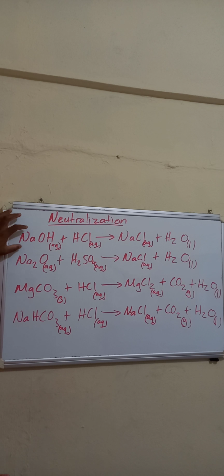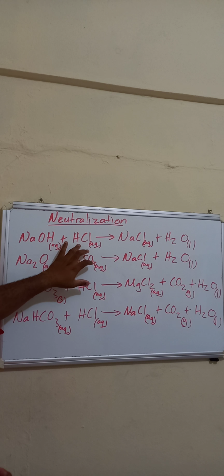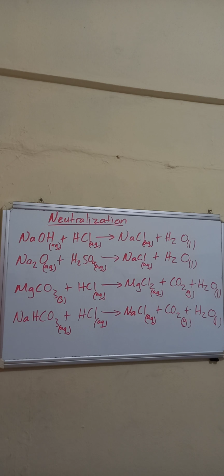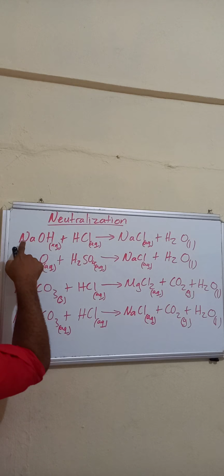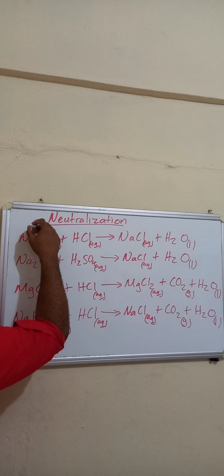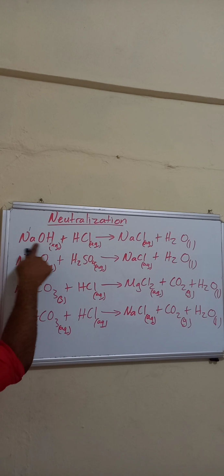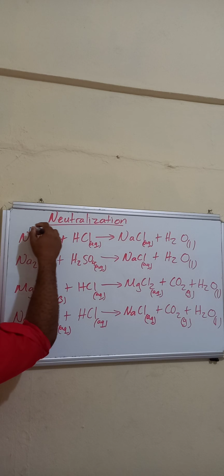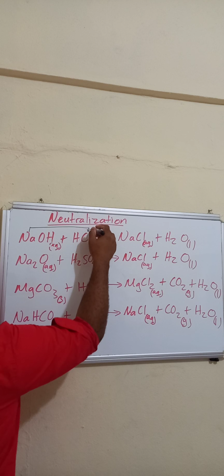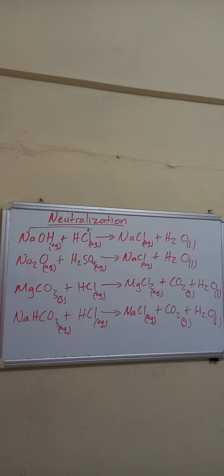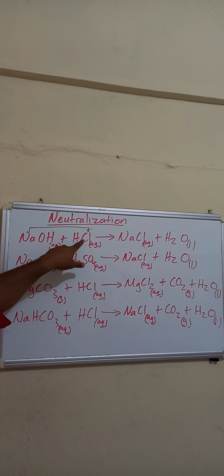So when you have the metal hydroxide and you react it with hydrochloric acid, what will happen? Your metal, so the positive ion of the hydroxide, will combine with the negative ion of the acid. Alright? The positive ion of the hydroxide will combine with the negative ion of the acid.